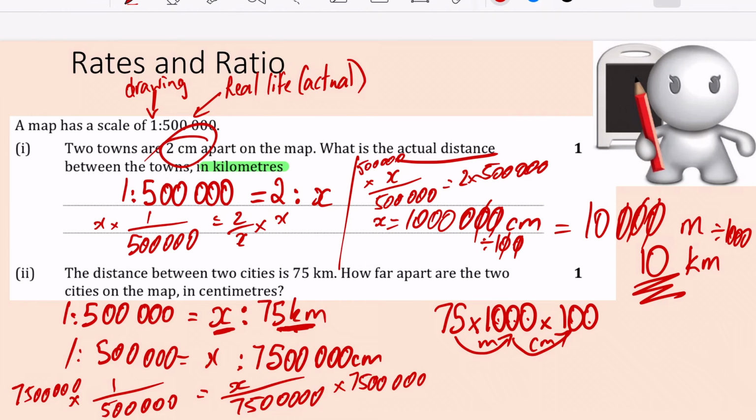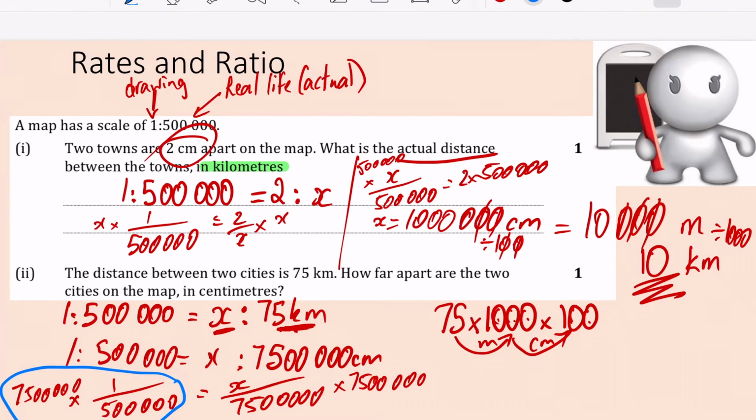Do that on your calculator, and the answer is going to be 15 centimeters. So a nice little question there.